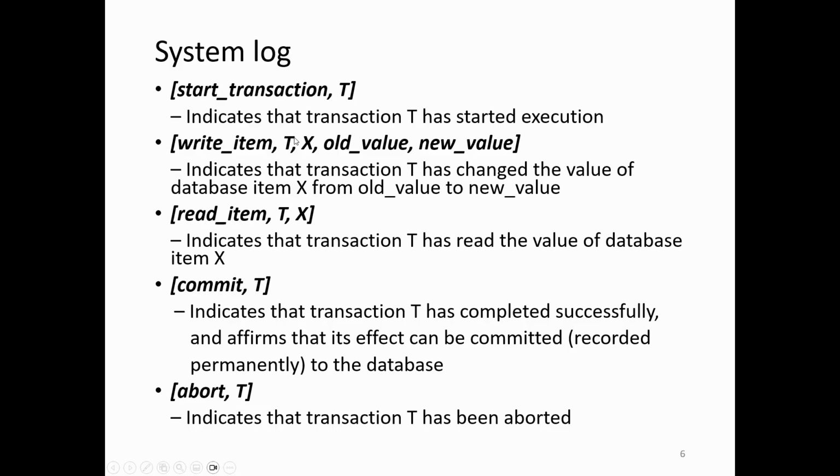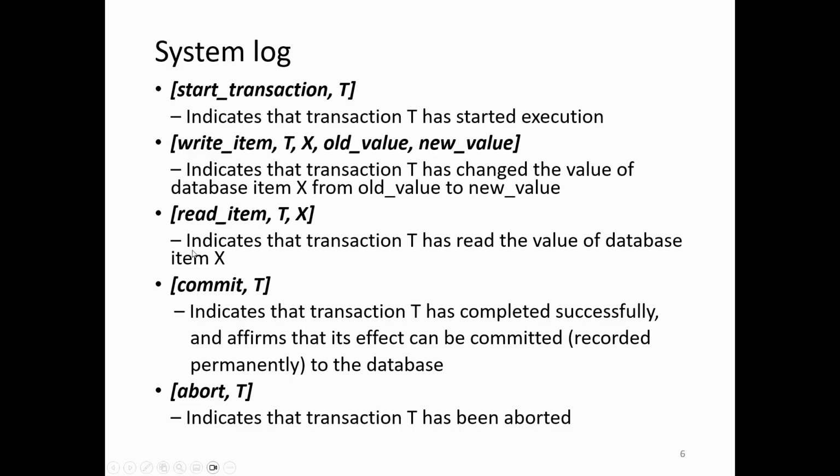T means the transaction name, X is the data item, then old value and new value. If we modify a particular data item, then the system log keeps both old value and new value.